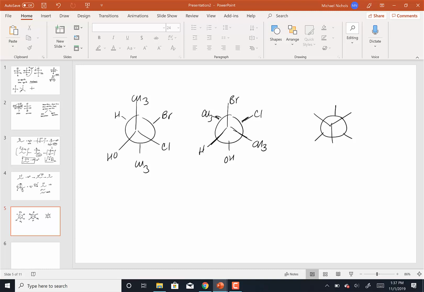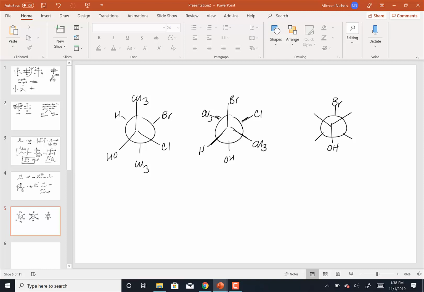The Br and the OH are both pointed up and down. They're going to stay pointed up and down if I rotate it like this. So the OH is going to be on the front carbon down, and the Br is going to be on the back carbon up.